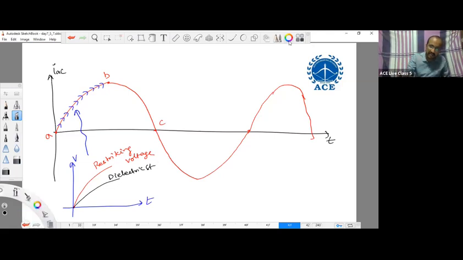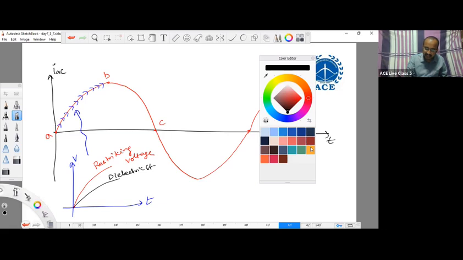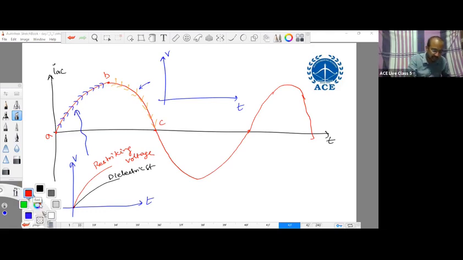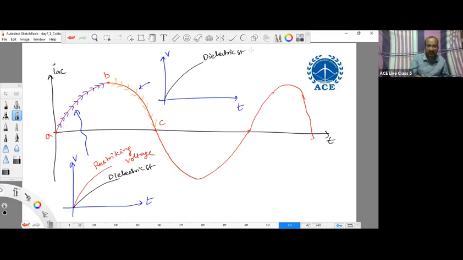And if you observe the second case, when the current magnitude is decreasing from maximum to 0, during this interval, if you observe the variation of voltage with respect to time between the contacts, the rate at which dielectric strength is increasing will be more when compared to the rate at which restriking voltage is increasing.